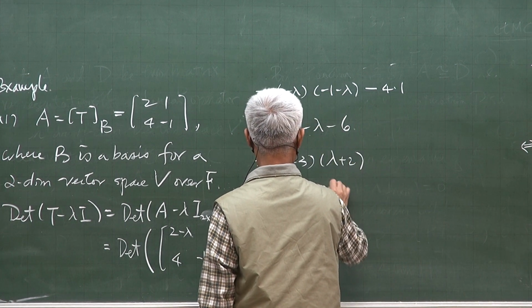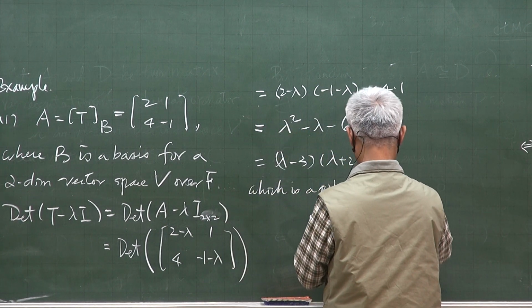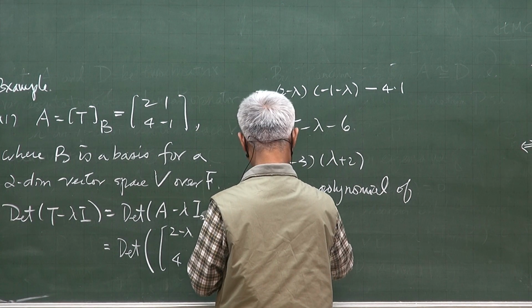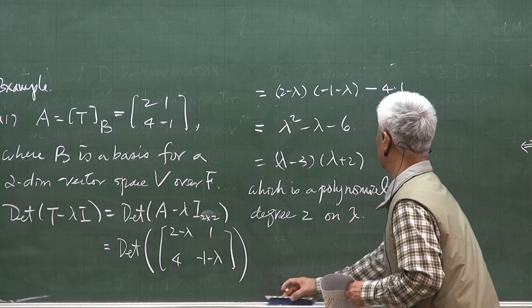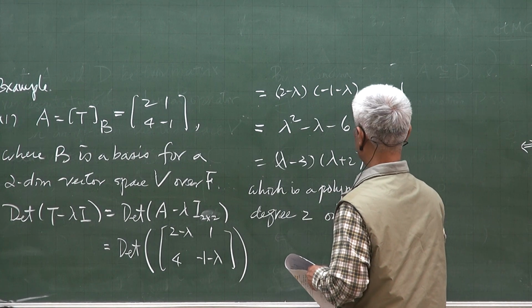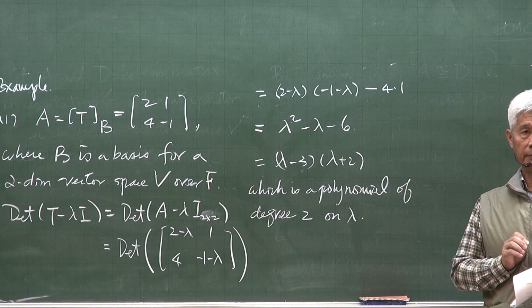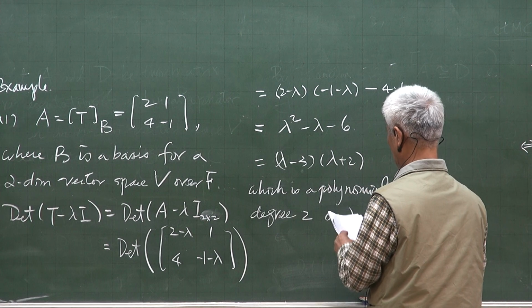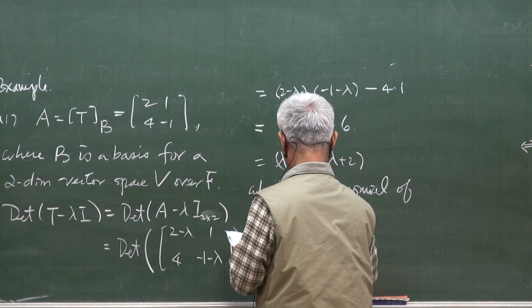Okay. So this is a polynomial of degree 2 in lambda, and we have factorized it already.